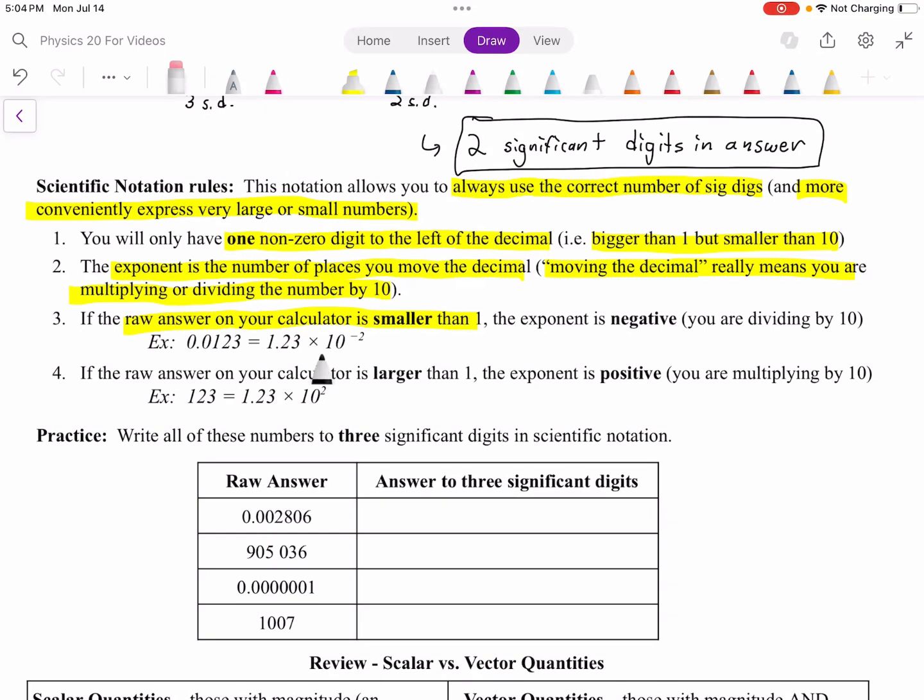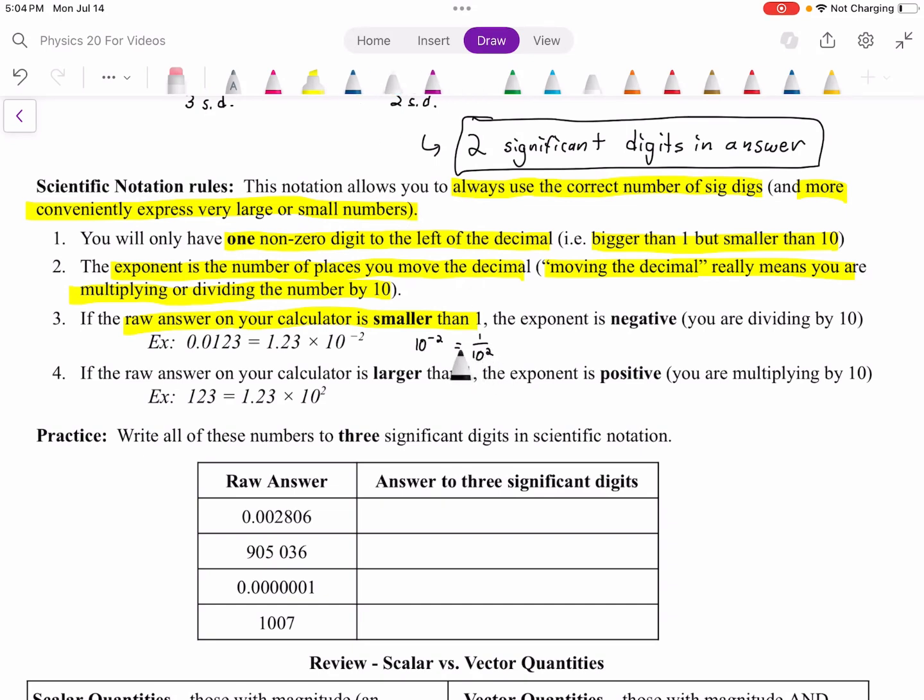So how we show that is we're going to take this and multiply it by 10 to the power of negative 2. Recall that this negative exponent just means we're dividing by 10 twice, right? 10 to the negative 2 is the same as 1 over 10 to the positive 2. It's really just our exponent laws.